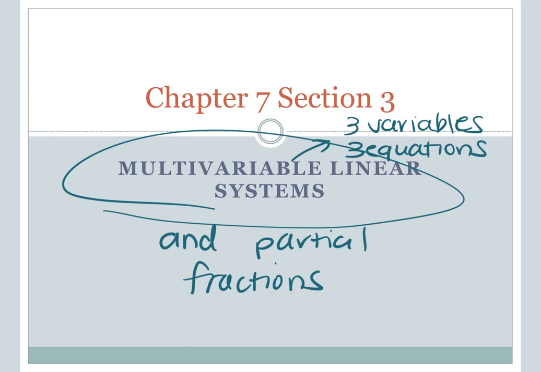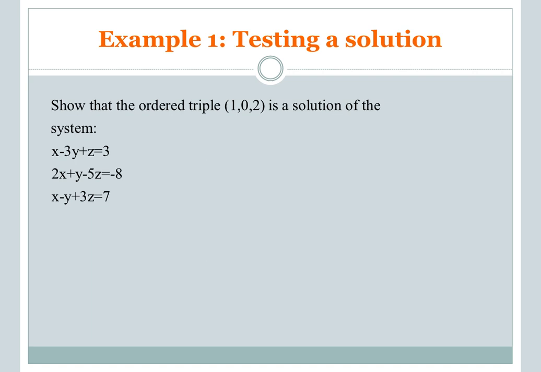The second part of this section is called partial fractions, which we're going to start now, and we'll finish at a later date. That's called a repeating factor, but we're going to at least start it. I did not put partial fractions on your quiz because I feel like it's going to be rushed. I will save it for your test, but it will be on your test, and it is on the homework for 7.3 part 1.